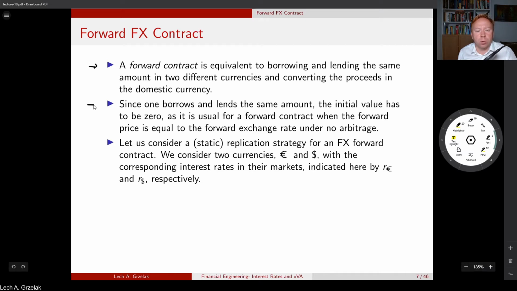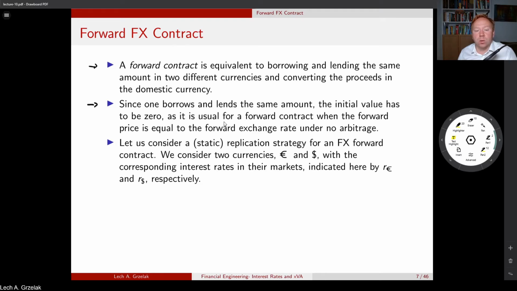Since one borrows and lends the same amount, the initial value has to be zero. This is also the same way we have seen it in the interest rate world. Of course, by equating the cost associated with borrowing and the profits associated with lending, we will determine the fair value of this forward contract.